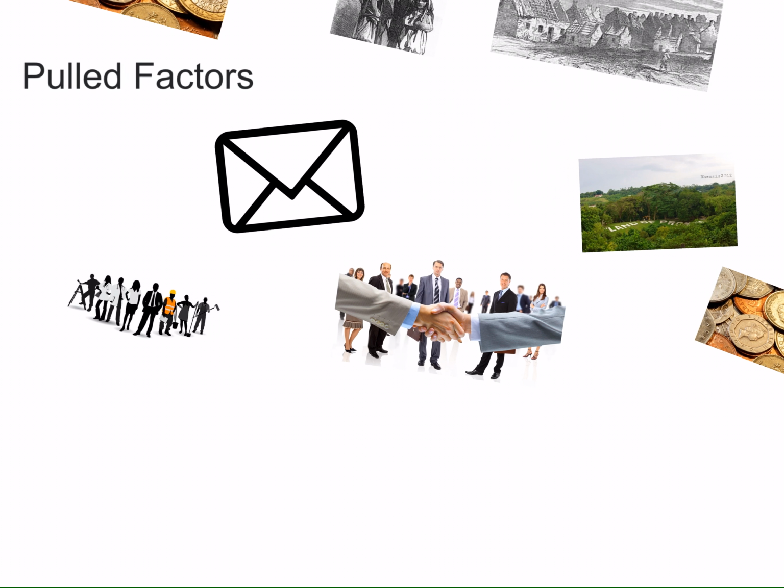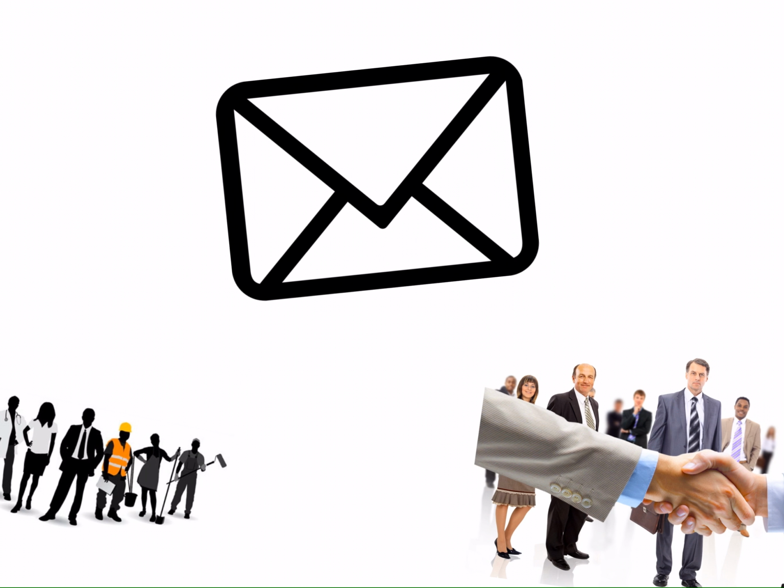Now the pull factors. What are the pull factors? Basically, the pull factor is mostly based on rumors. Irish people, those who were poor, got letters from their family, friends, and relatives saying that there's riches in America. You can do anything you want.